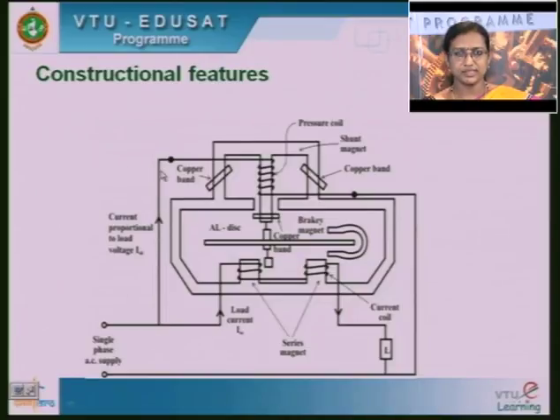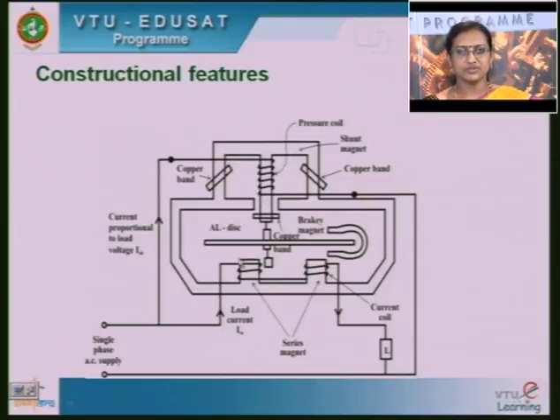One terminal of the phase is connected to this, and the other end of the coil is connected to neutral, meaning the pressure coil is connected across the load. This current coil indicates the current flowing through the load, and this potential coil indicates the voltage across the load.